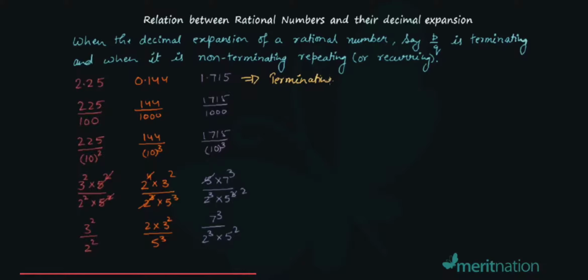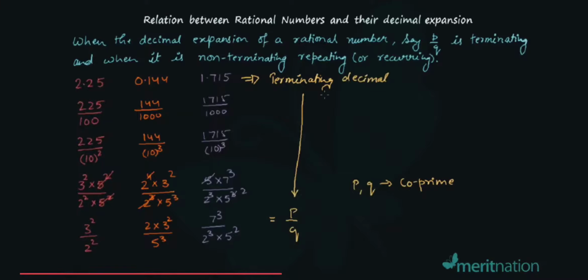All the real numbers which have terminating decimal forms, when converted to p by q form, give p by q wherein p and q are coprime, which means they do not have any common factor between them. All the common factors are already cancelled. So p and q are coprime numbers.